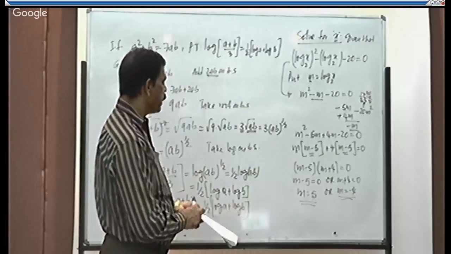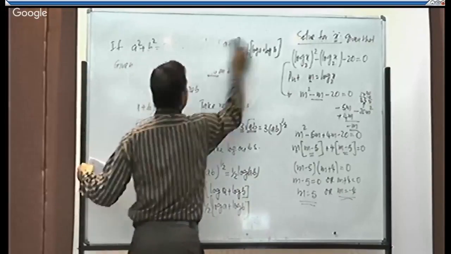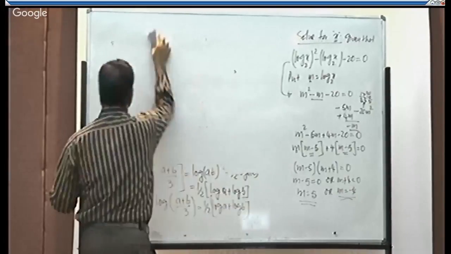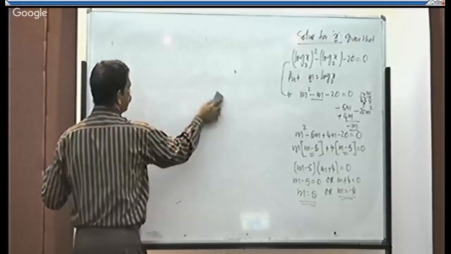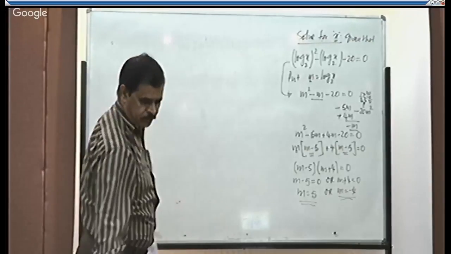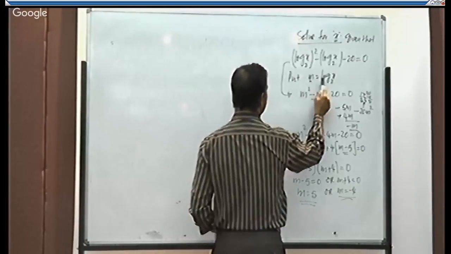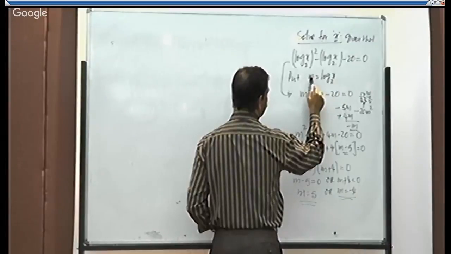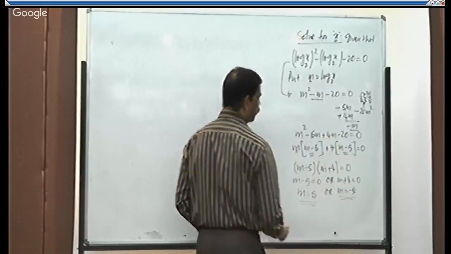With that, I can get the value of x. So m is what I have taken? It is log of x to the base 2. Correct? So take m is equal to 5 and m is equal to minus 4.